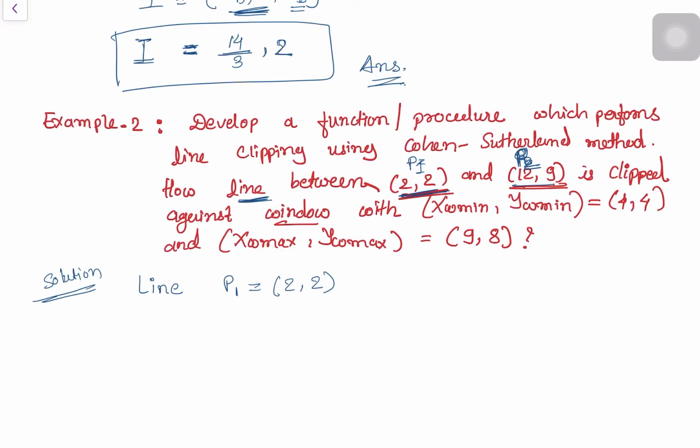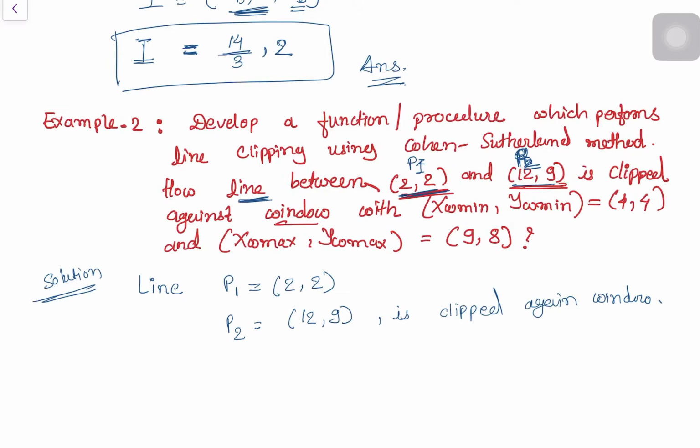You can take P1 or P2 or P and Q. So P1 is equal to 2 comma 2 and point P2 is equal to 12 and 9. That is given, right? And it is given as clipped against a window.